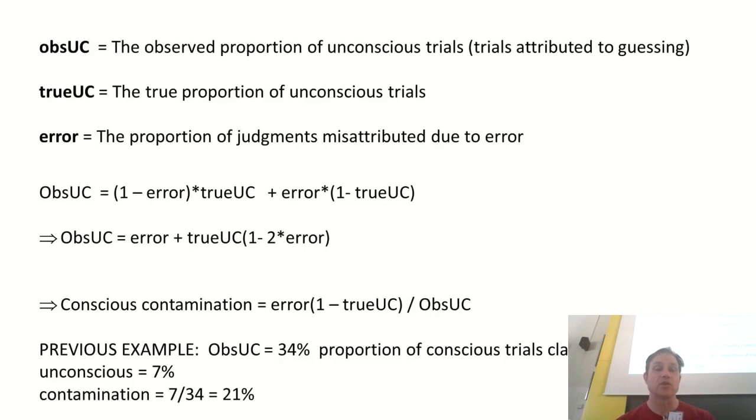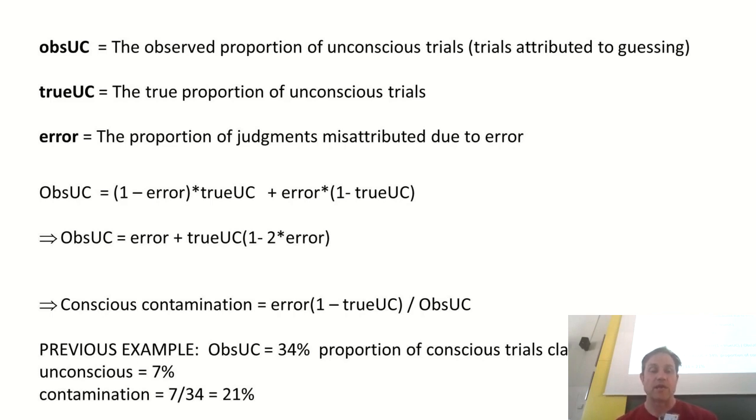Now you can just rearrange that equation to get a formula for the proportion of observed unconscious trials, how that depends on error and the true unconscious trials. And you can get a formula for the amount of conscious contamination. That's just rearranging the formula that I showed you before.